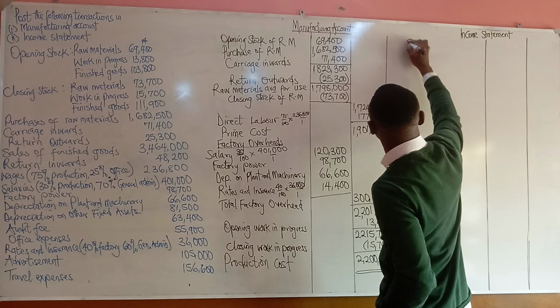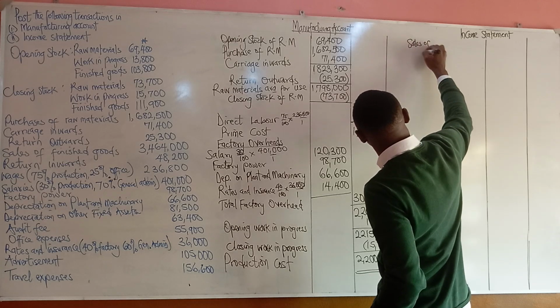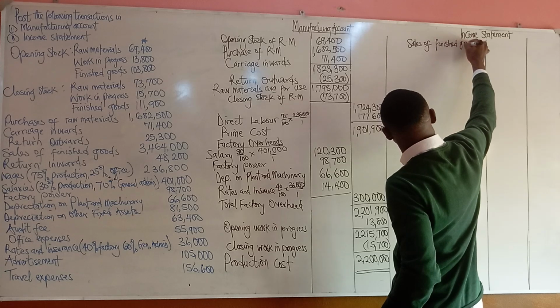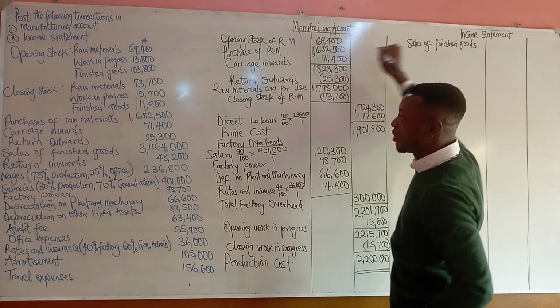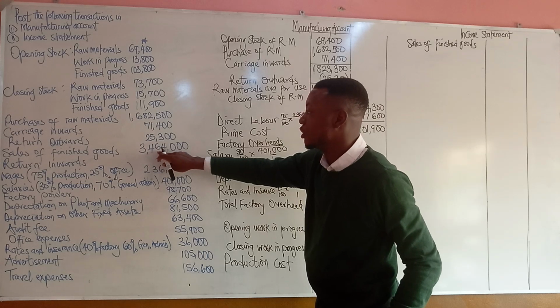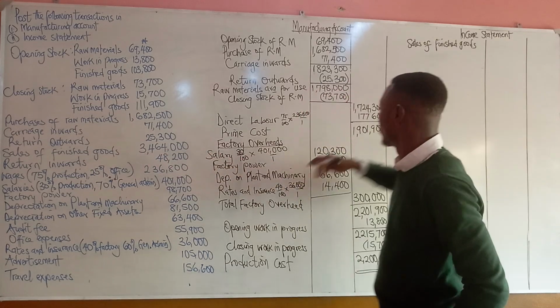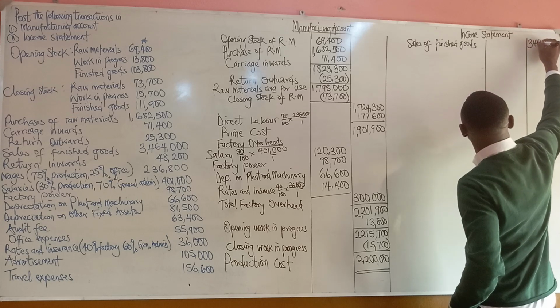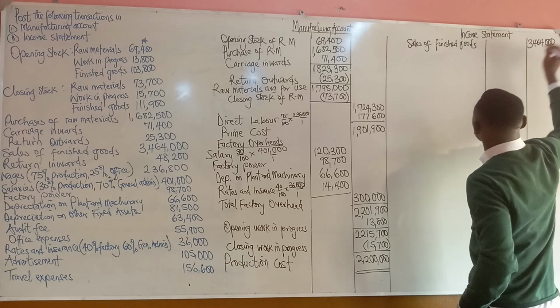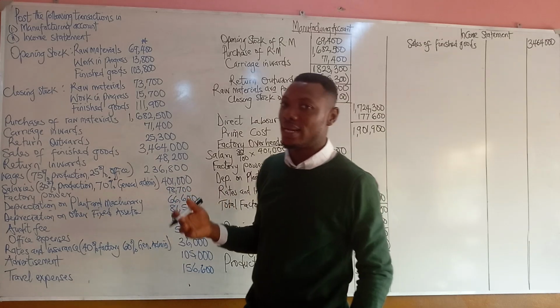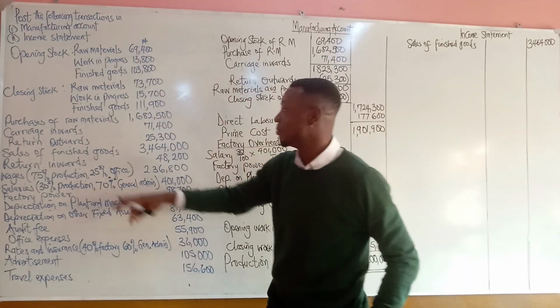So I have sales, and my sales of finished goods is 3,464,000. Then, if there is return inwards, that is goods that are returned after sales have taken place.